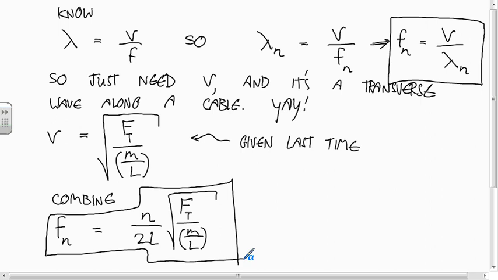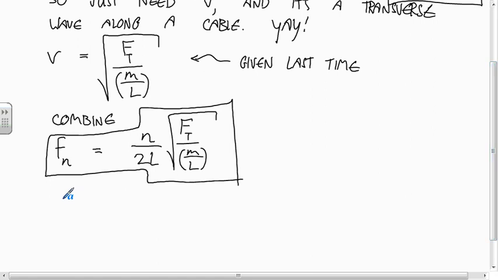When n equals 1, it gives the fundamental frequency.